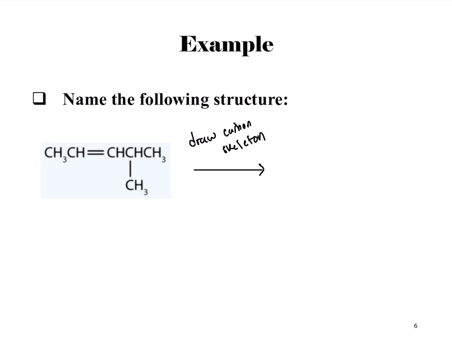So how many carbons are in the longest chain here once the screen stops flickering? 1, 2, 3, 4, 5, right?